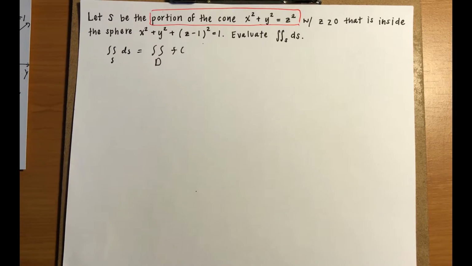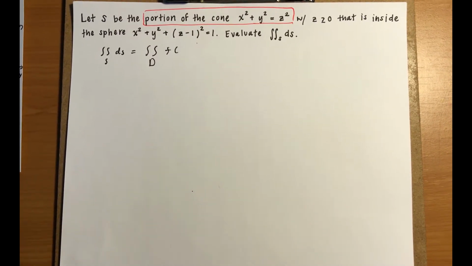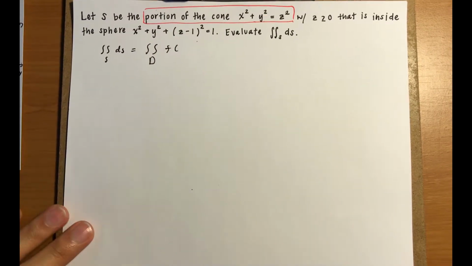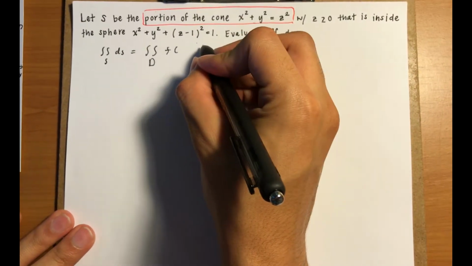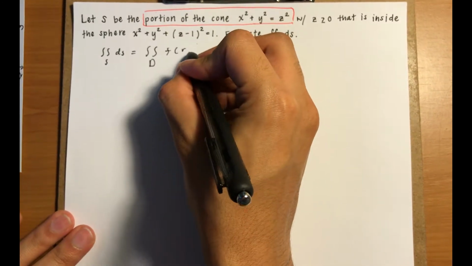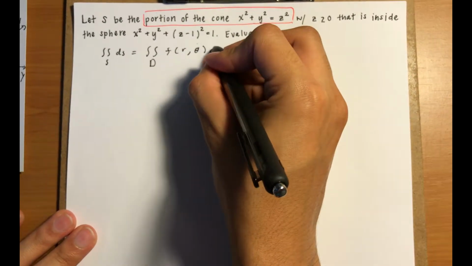We could use simple parameterization with x, y, and z, but it would be a little more difficult. Since it's a cone, we can use cylindrical coordinates, so it will be a function f of r and theta, and we'll see right now why I chose those.